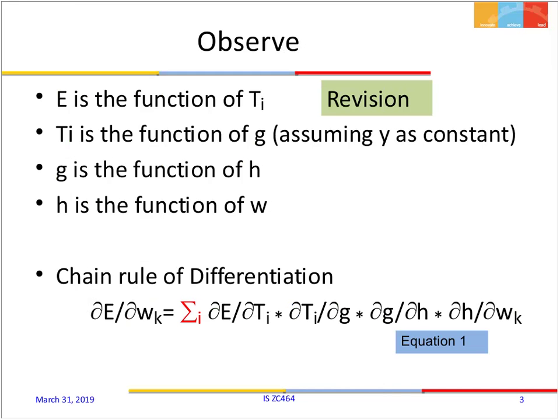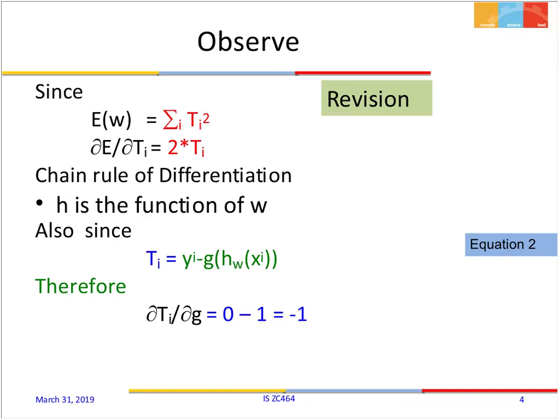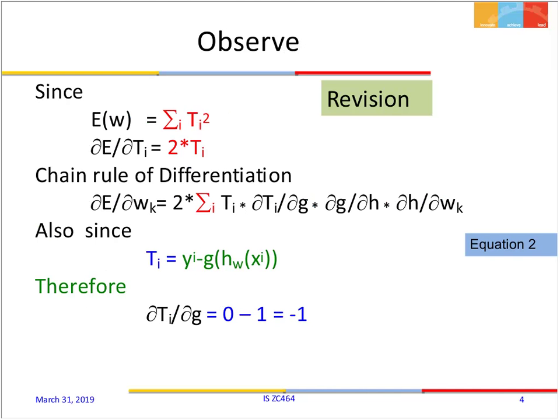So we had seen that h is the function of w, g is the function of h, ti is the function of g, and e is the function of ti. Making use of that, for the partial derivatives, we had this chain rule. Then we had talked about individual differentiation, and say for example this ti expression was differentiated with respect to the function g, and we had got -1.